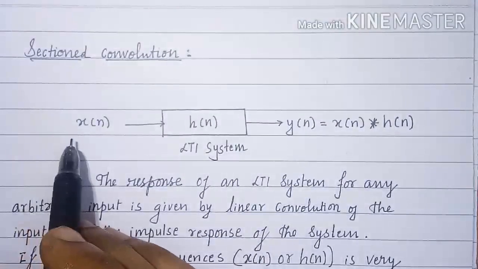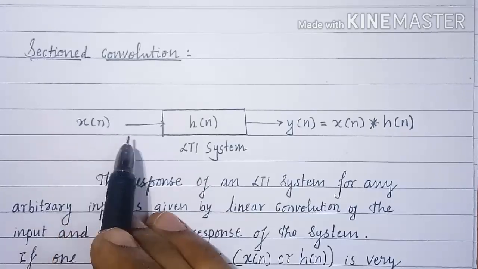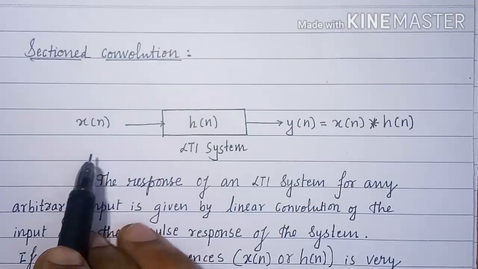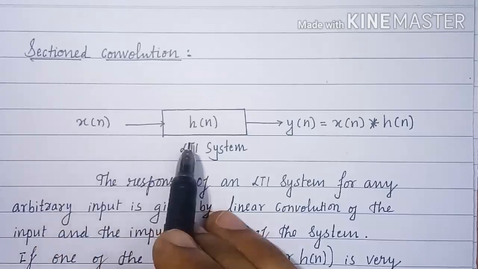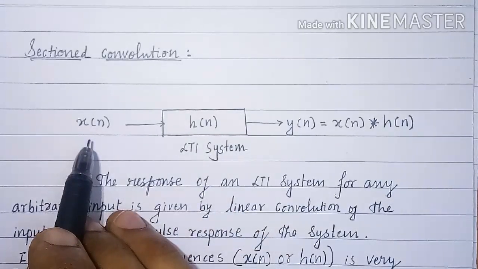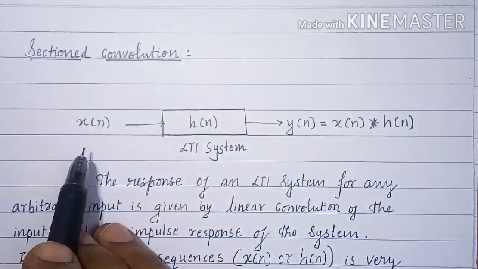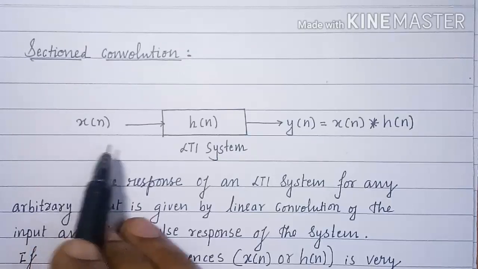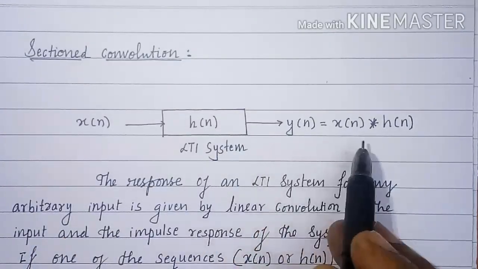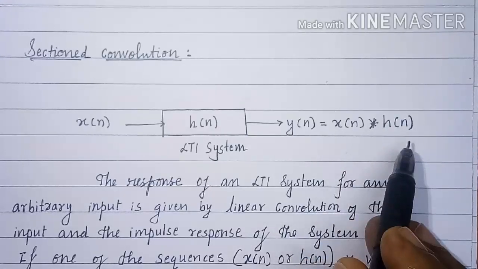But when input is coming continuously, the length of x of n will be very large, and for the purpose of computation of convolution, x of n at any time instant will not be available completely. Therefore, it becomes difficult to compute y of n as convolution of x of n and h of n.